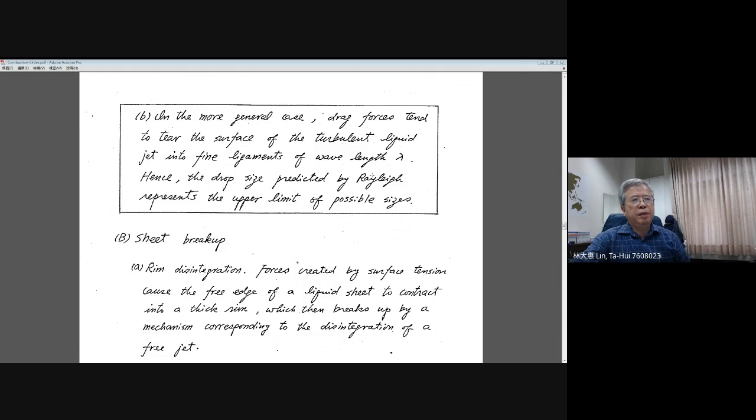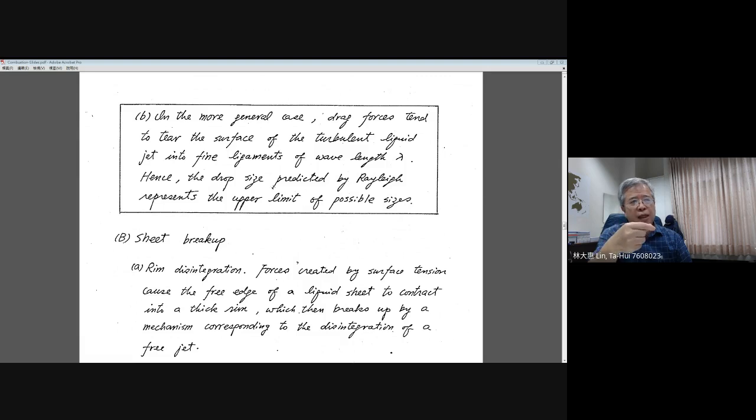The upper limit, because Rayleigh predicts the droplet size based on the ideal condition. They just consider that surface tension will form the droplet size, but the jet diameter remains the same as the initial jet diameter. If you consider the drag force acting on the liquid jet and also the viscosity, most of them will give you a thinner jet.